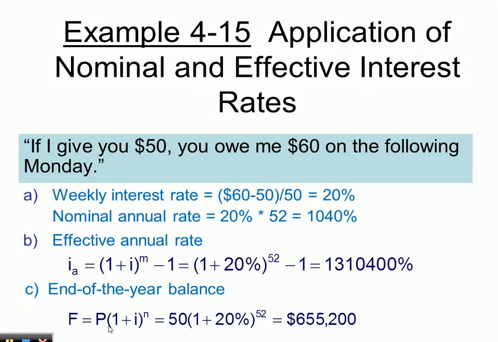Pretty impressive, right? So again, how did we find it? Just single payment formulas, F given P, the discount factor that we all know well. Using the weekly rate, this is the effective rate that we would be using, and n is the number of weeks. So here you go.